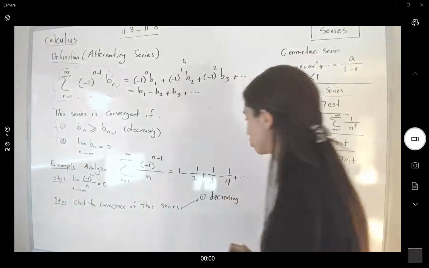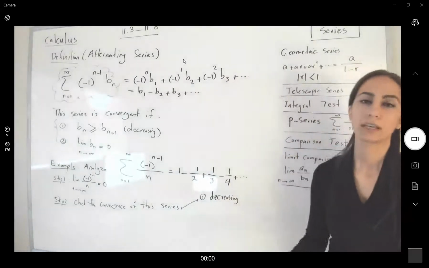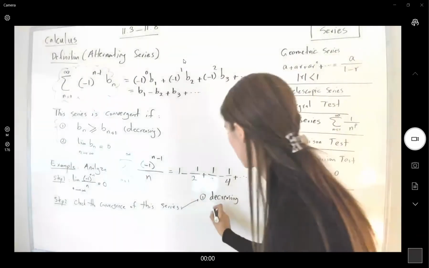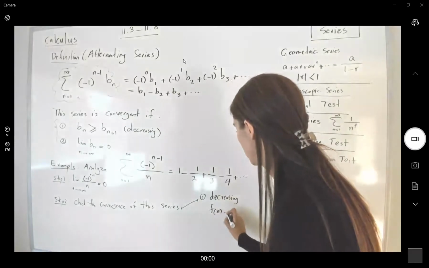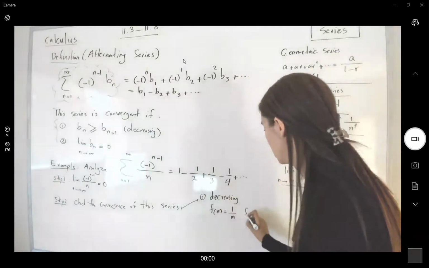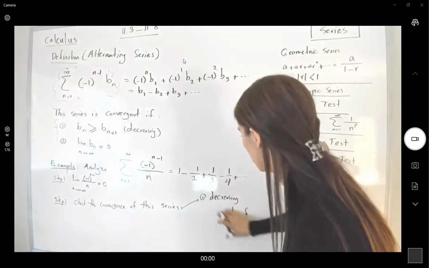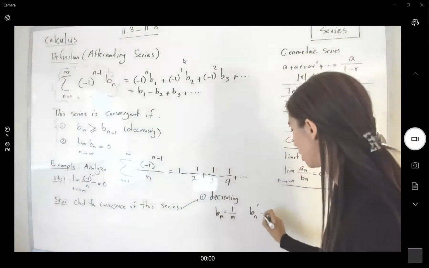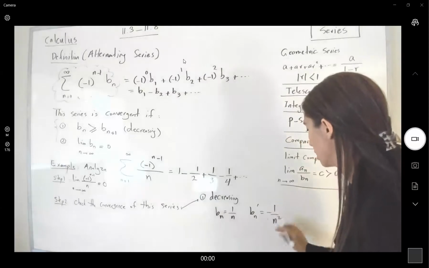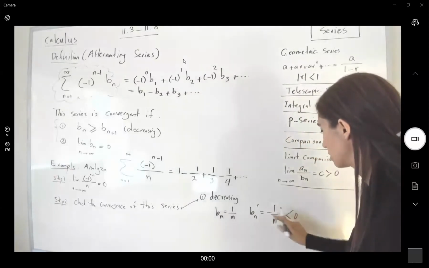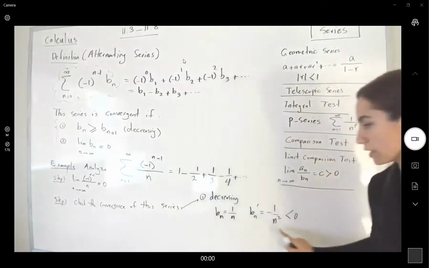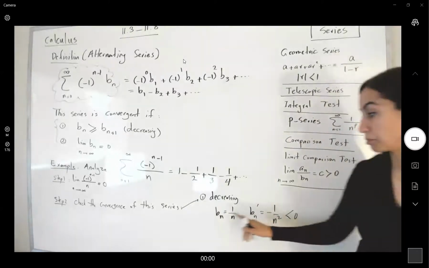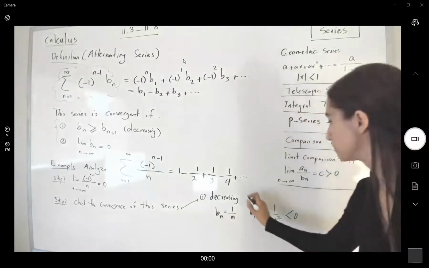Remember that to check this is decreasing, we can always take the derivative. f of n is 1 over n, or just bn is 1 over n. The derivative bn prime is -1 over n squared. As you can see, it is negative. The derivative is negative. It means that bn is decreasing.